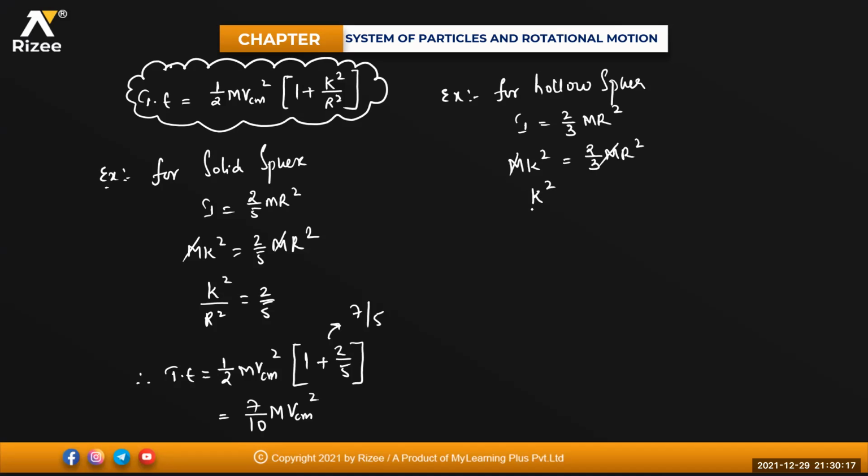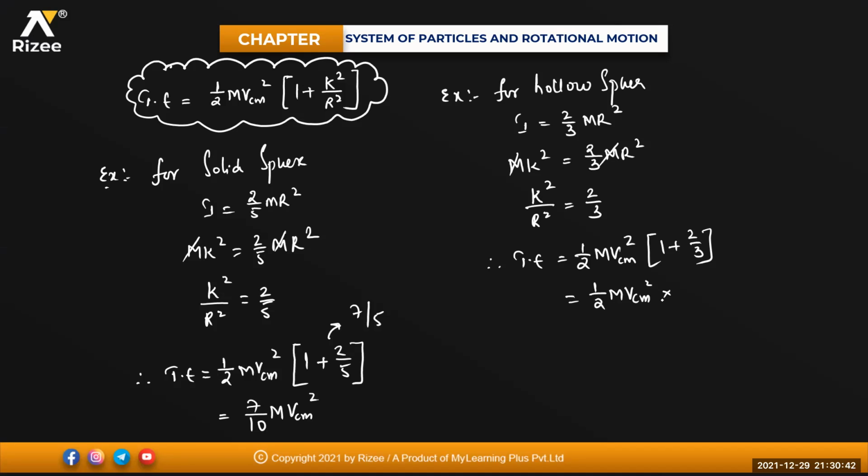Gets cancelled, so it is k square divided by r square is equals to 2 by 3. Therefore, total energy will be equal to half into m into VCM square into 1 plus 2 by 3.